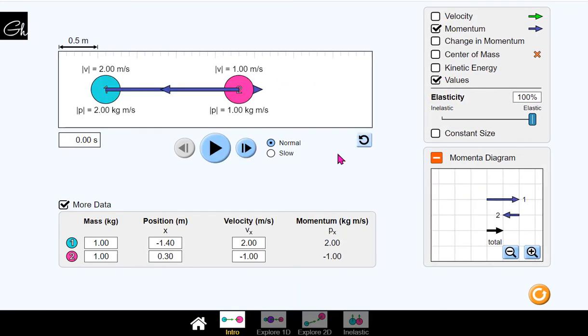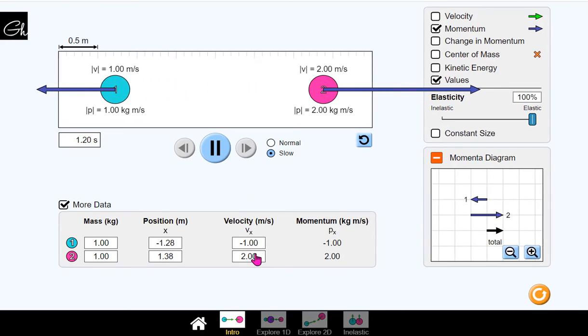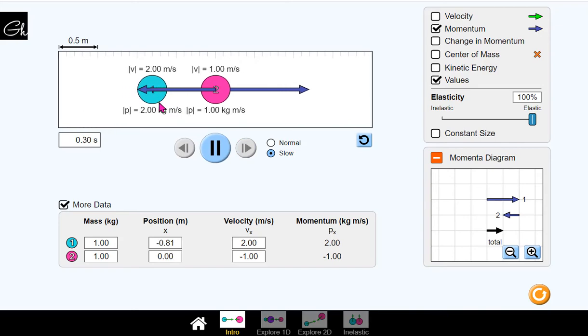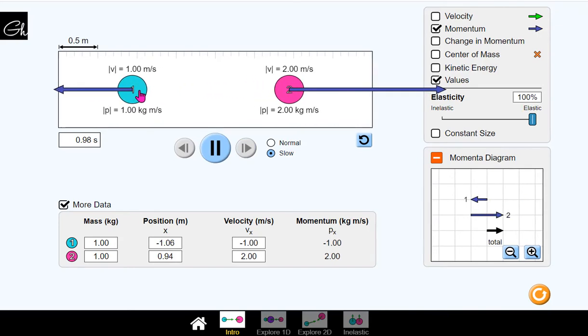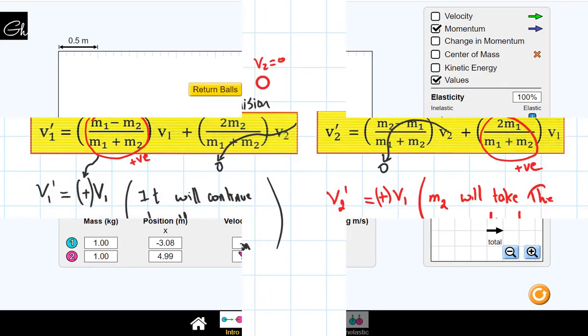We'll repeat again in slow motion. Both of them exchanged their speed. Initially this one was moving to the right with a speed of 2, and after collision this particle is moving to the left with a speed of 1. The minus sign represents the direction.